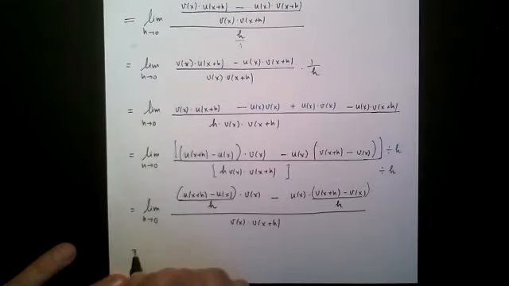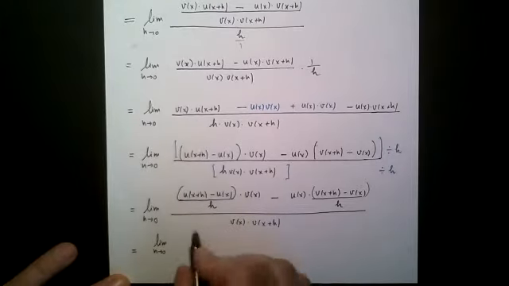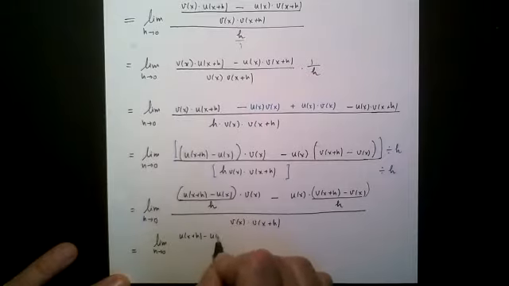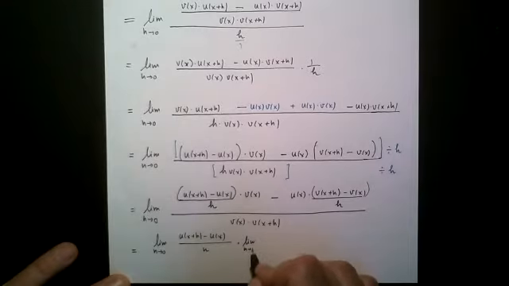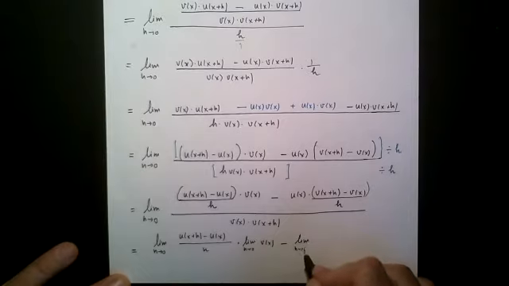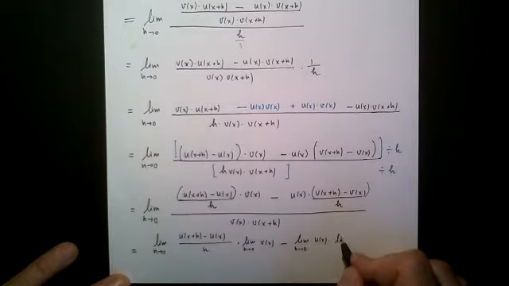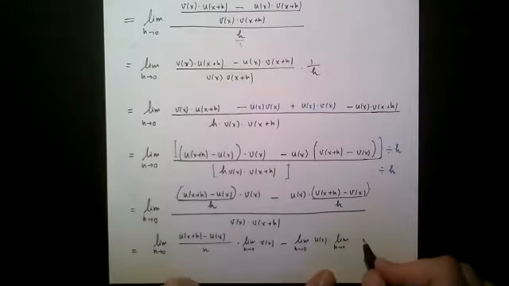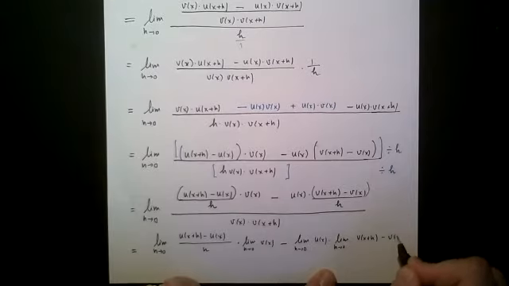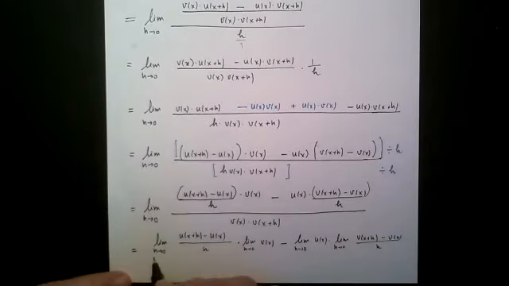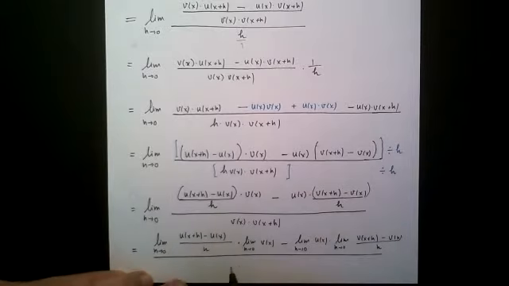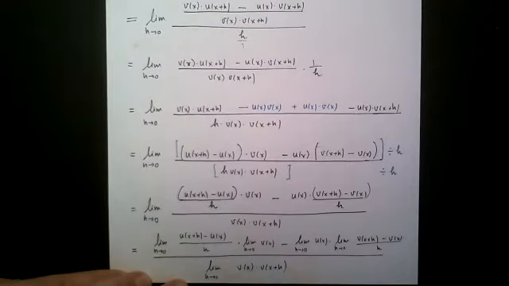So it equals the limit as h approaches 0 of this big fraction, u of x plus h minus u of x over h, times the limit as h approaches 0 of v of x, minus the limit as h approaches 0 of u of x times the limit as h approaches 0 of this fraction, v of x plus h minus v of x over h, and all this over the limit as h approaches 0 of v of x times v of x plus h.